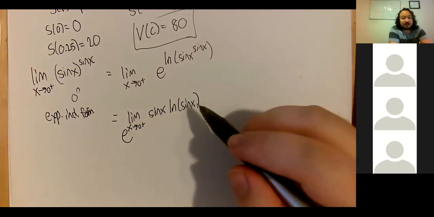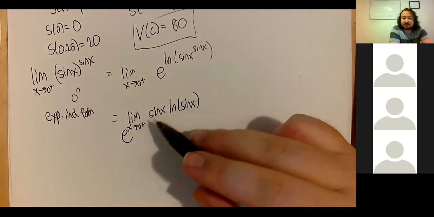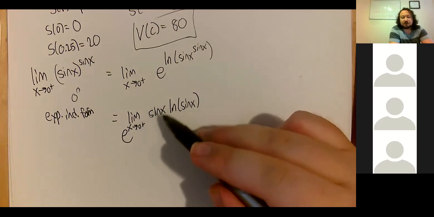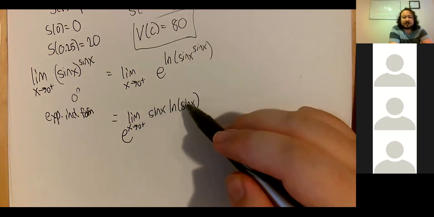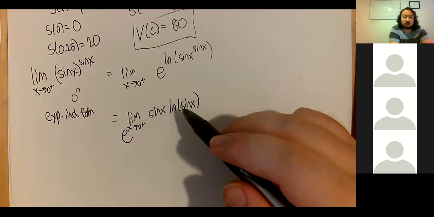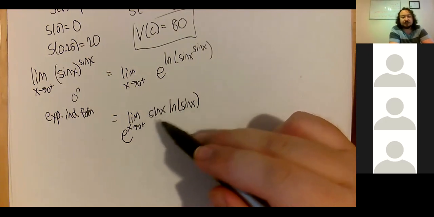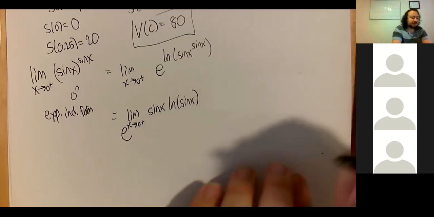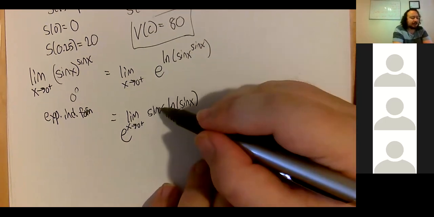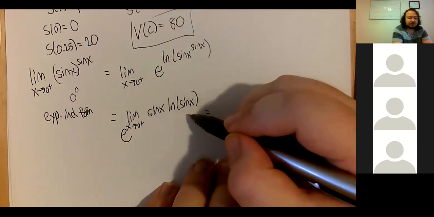Now if I plug in x equals 0, I have sine of 0, which is 0. And then I have this heading to 0, but as the inside of a log heads to 0, that goes to infinity, or negative infinity. So this is 0 times negative infinity. Now in order to fix that, I'm going to move sine to the denominator here.